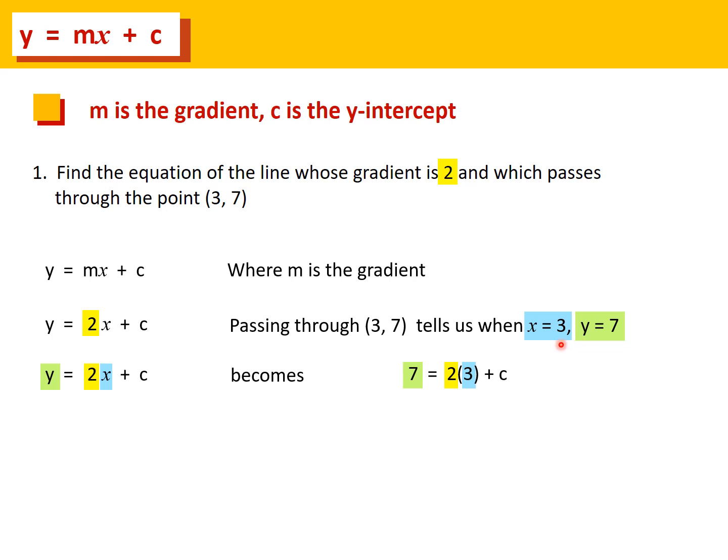Now we can use this 7 equals 2 lots of 3 plus c in order to find out the value of c. So that gives us 7 equals 6 plus c, so c would have to equal 1. So in fact our equation is y equals 2x plus 1.